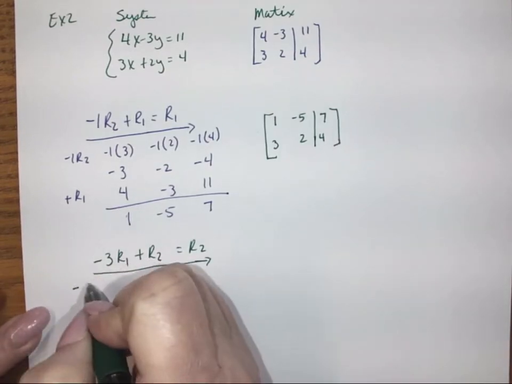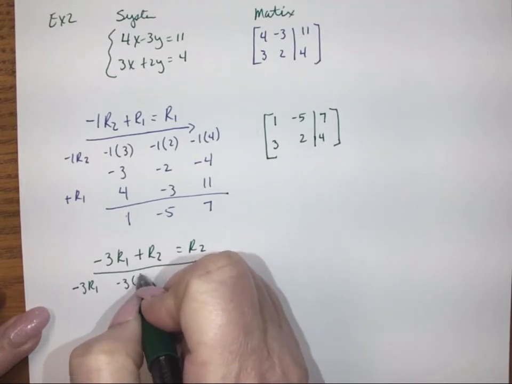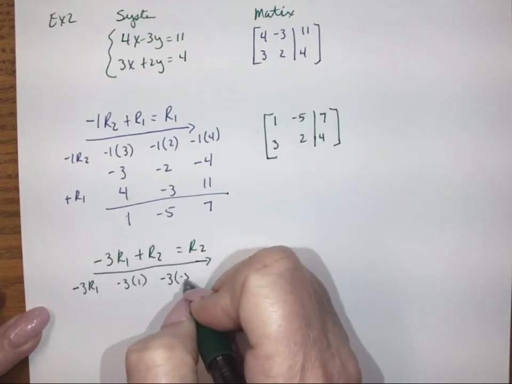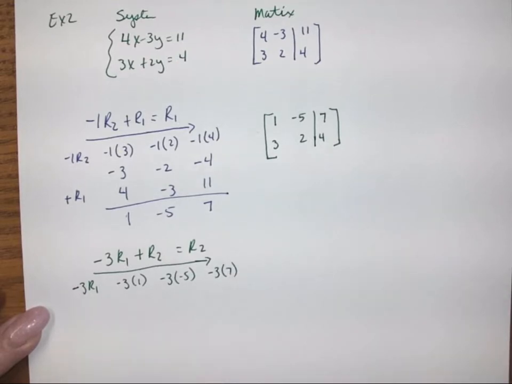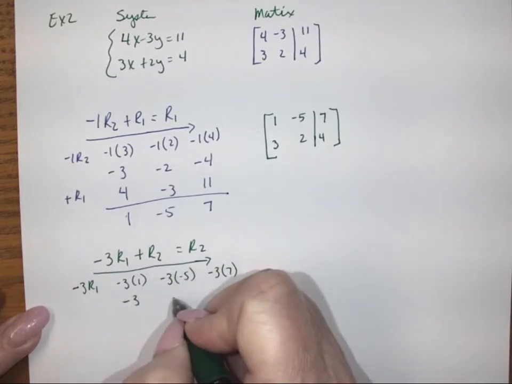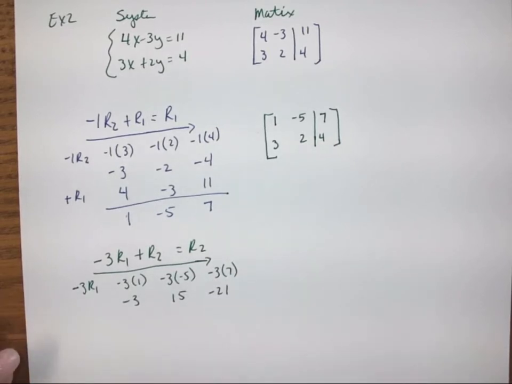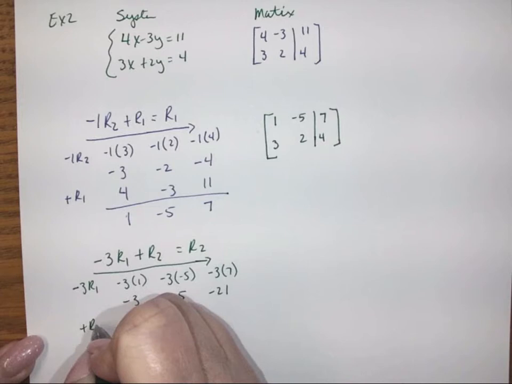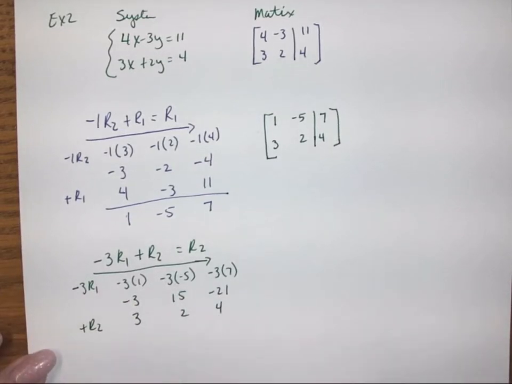So -3 times row 1 will be -3 times 1, -3 times -5, -3 times 7. So -3, +15, -21. And now we'll add row 2, 3, 2, and 4.